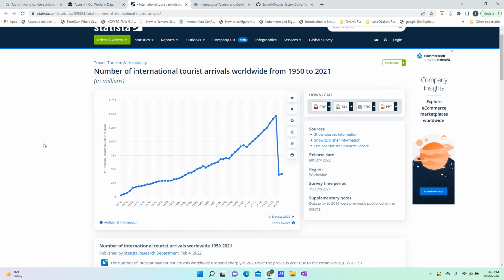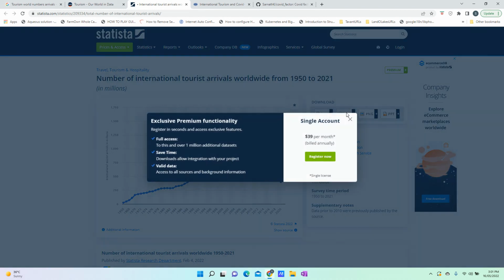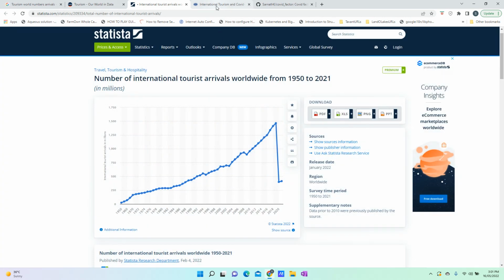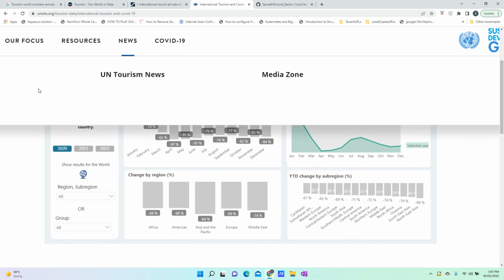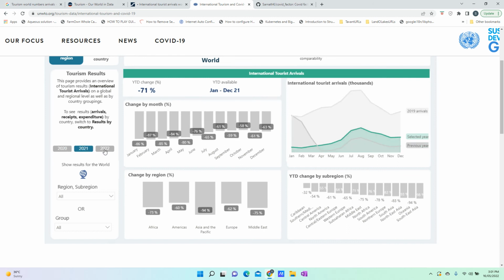If you come here, you have Statista, which basically gives you yearly numbers only, not monthly numbers. It will be nice to have monthly numbers, but if you try to download anything, they say, oh, pay this much money. Okay, thank you, I'm not paying that. So then we found this UNWTO website, which is exactly what we wanted.